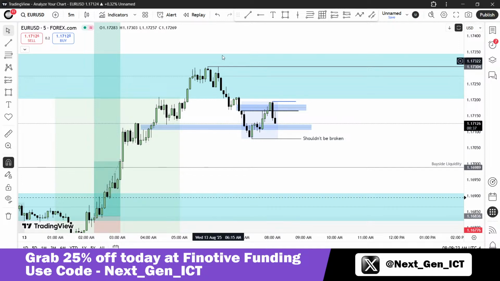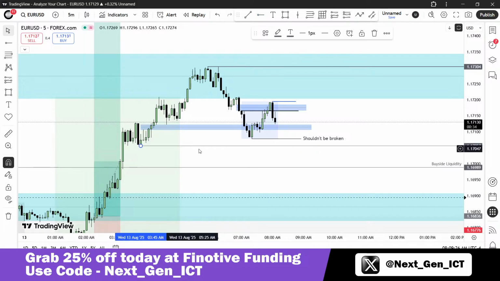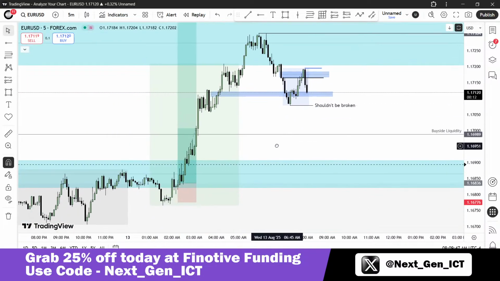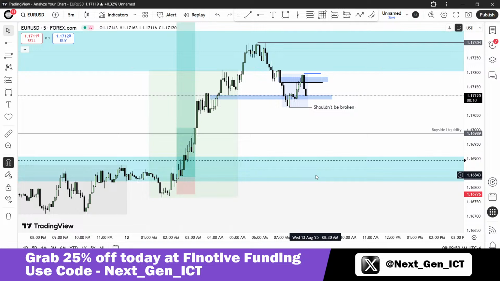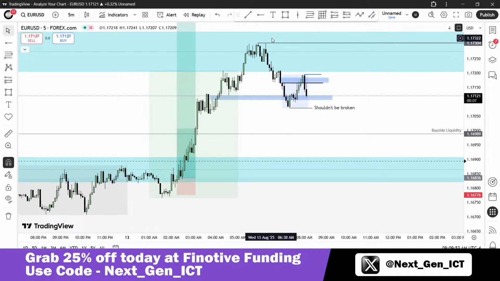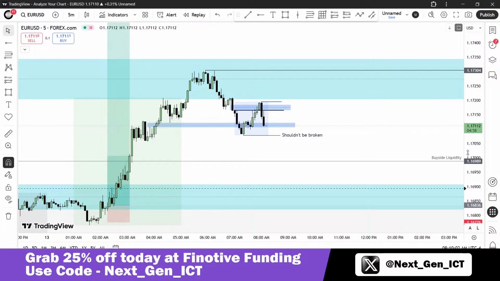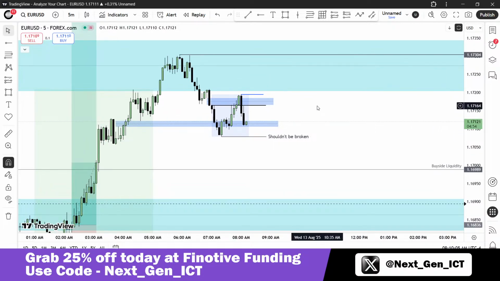If this low gets broken... I guess New York session is not moving much because we had a huge session during London. That's why New York session isn't showing any nice price movement.